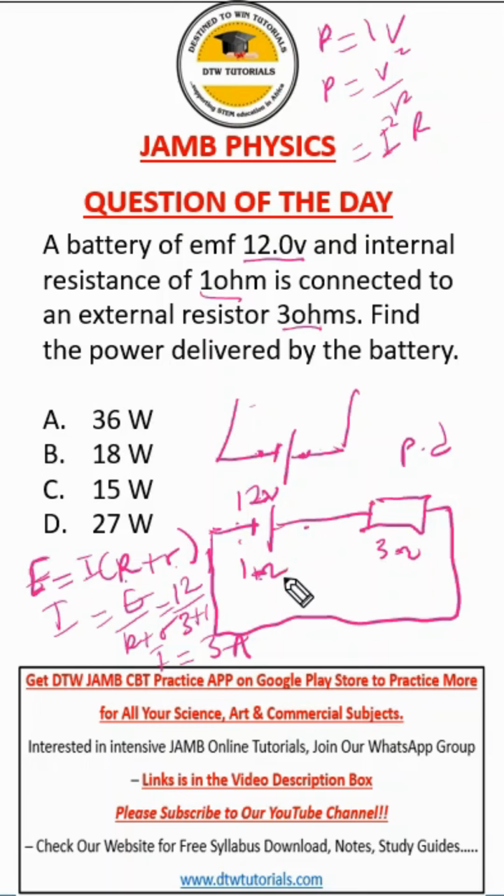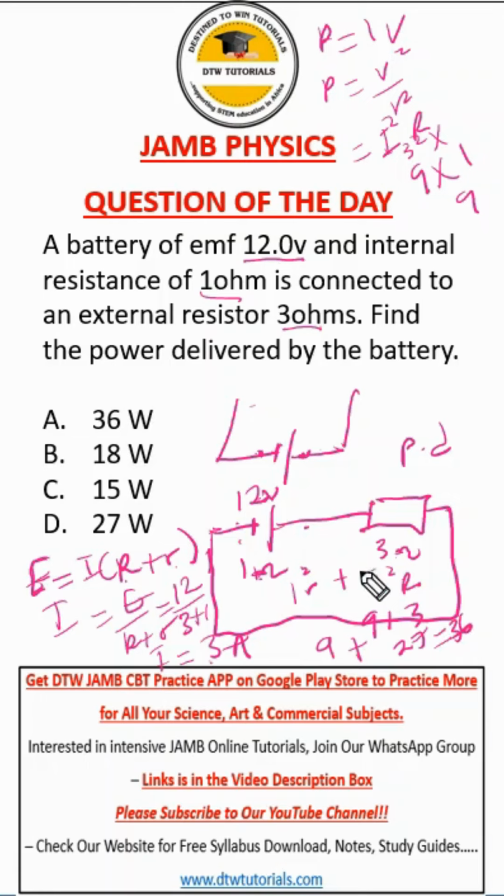So it will be I squared small r plus I squared big R. For I squared small r, our I is 3, so that's 3 squared, which is 9, times r, which is 1. So 9 times 1 gives us 9. And for I squared R, that will be 9 times 3, which is 27. So we have 27 plus 9, and that gives us 36.